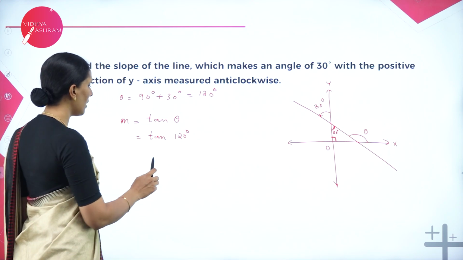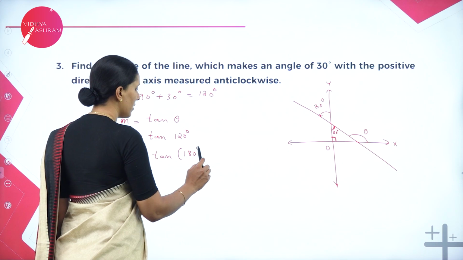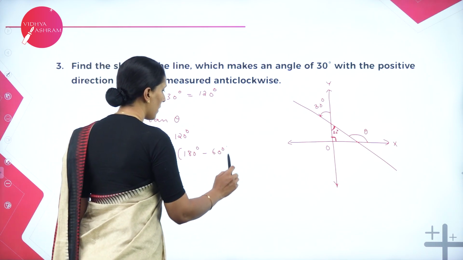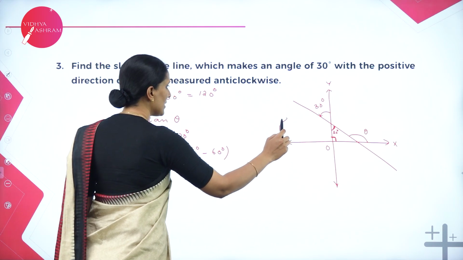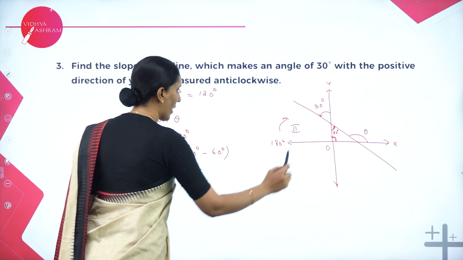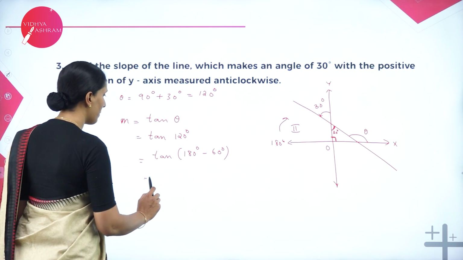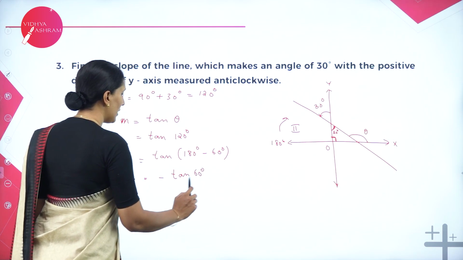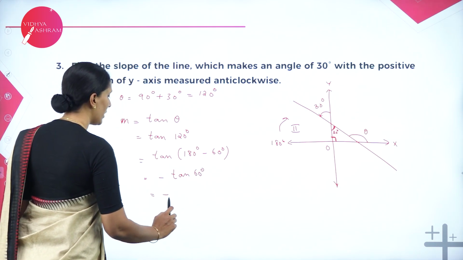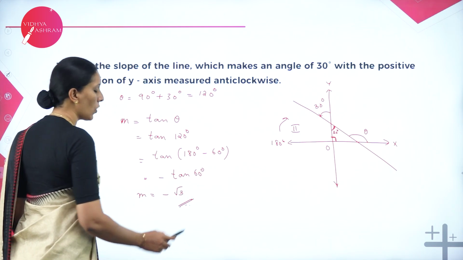So 120 degrees can be written as tan of (180 minus 60) degrees. 180 minus 60 comes in the second quadrant, and in the second quadrant tan is negative. So this can be written as minus tan 60 degrees, and the value of tan 60 degrees is root 3. Therefore, the slope m is minus root 3.